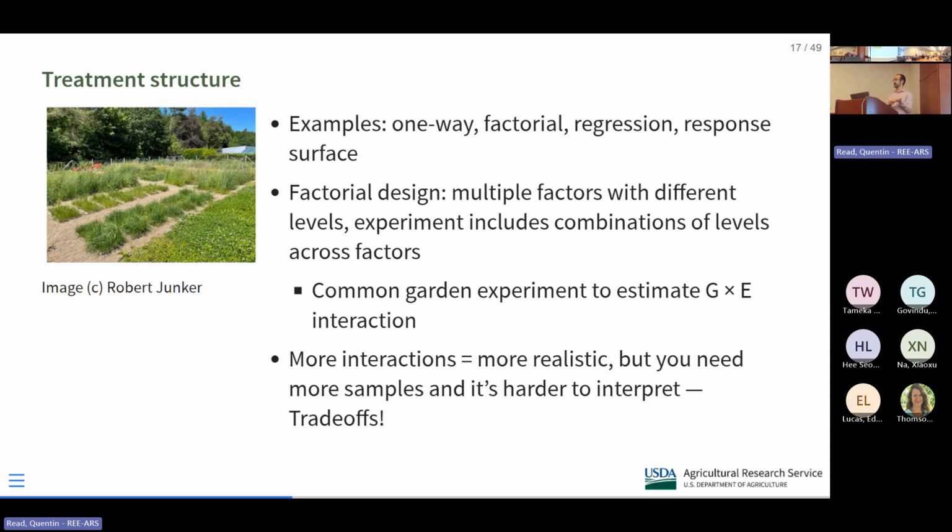If you have 3, you'll need 8 combinations, 16, 32, and so forth. And if you need multiple samples in each of those groups, you're going to need a huge sample size if you have a lot of interactions. Not to mention, sometimes it's very hard to interpret multi-way interactions statistically. So there's a trade-off again between the realism of having many interactions and the control of just having one factor you're manipulating.